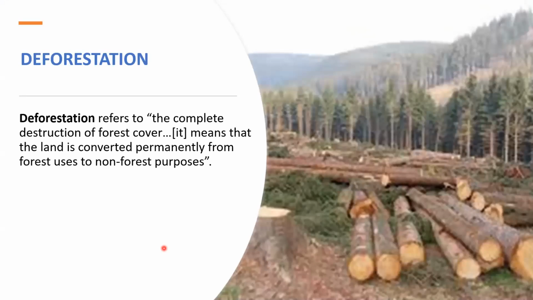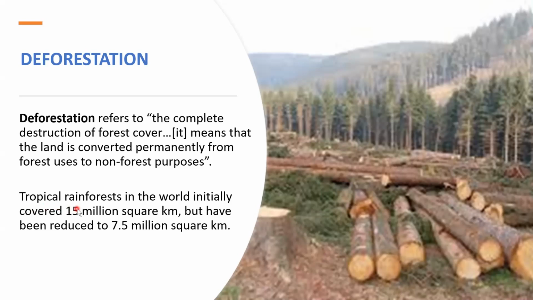The other one is deforestation, which refers to the complete destruction of forest cover. It means that the land is converted permanently from forest use to non-forest purpose. So we reduce the number of trees, and we reduce the carbon dioxide uptake, which is of course a trend which enhances the accumulation of carbon dioxide in the atmosphere. The tropical rainforests in the world initially covered 15 million square kilometers, but have been reduced to 7.5 million square kilometers.